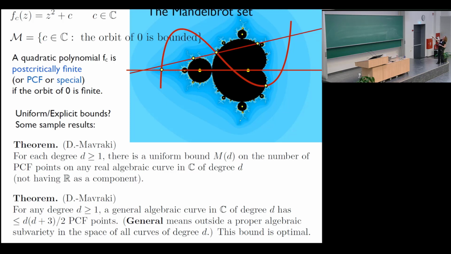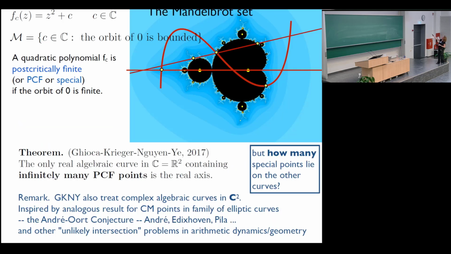So for example, one thing we don't know, sorry, let me go back for 1 second. I said here, how many special points can there be on some given curve which is not the real axis? Okay, the real axis has infinitely many, but what if I'm just handed a curve? How many can there be? Okay, I don't know the answer to that. I'd love to know the answer. So if someone has some ideas of how to answer it, I'd love to know.